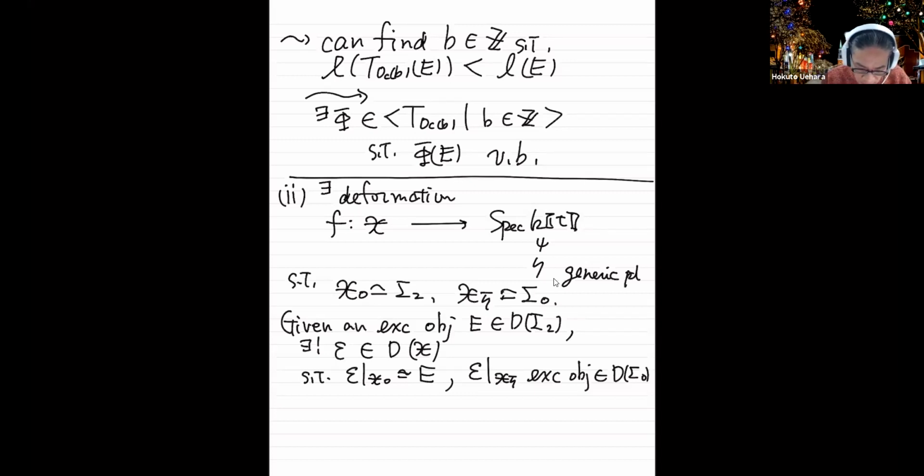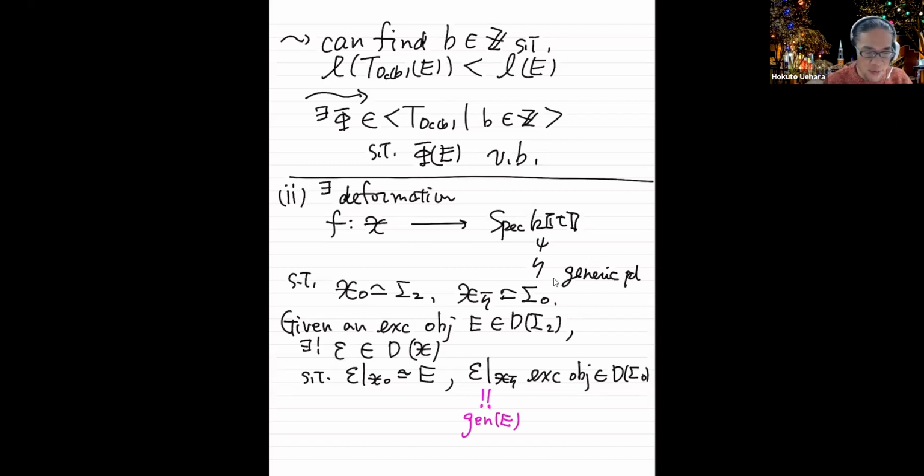And because such script E uniquely exists, I denote this generic E.